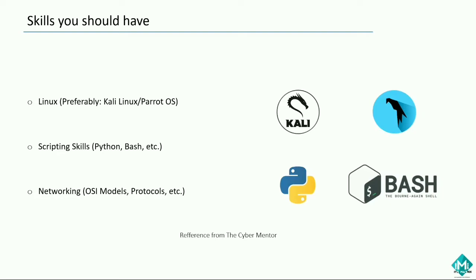Now, why so? Because Kali Linux and Parrot OS are the main and most used operating systems for ethical hacking. Now, you can also use Ubuntu or Windows if you would like, but Kali Linux and Parrot OS provide you with many more applications which will help you to get into cybersecurity and ethical hacking easily.